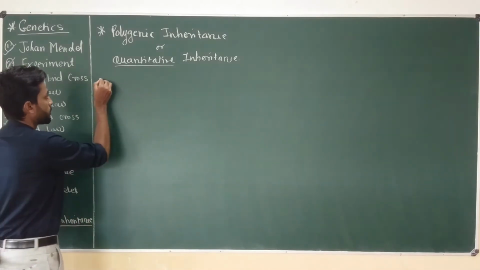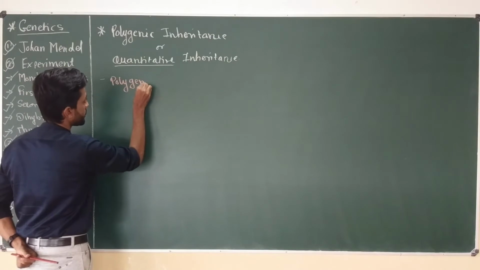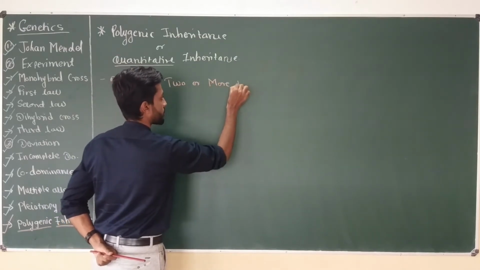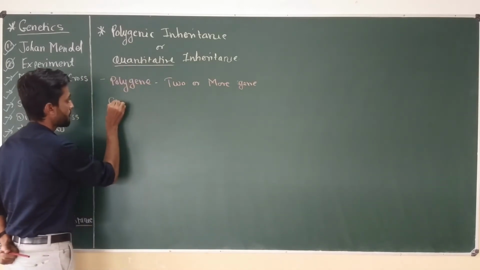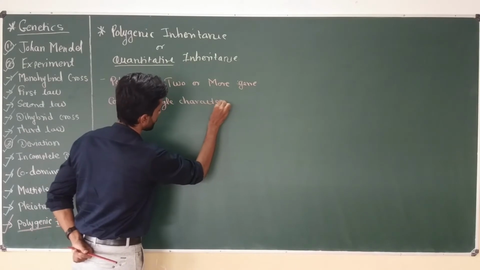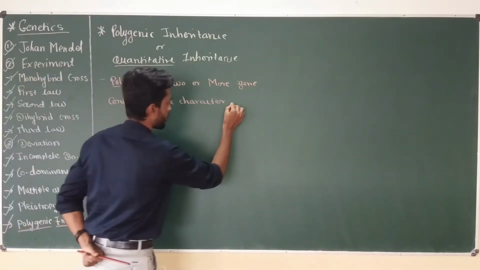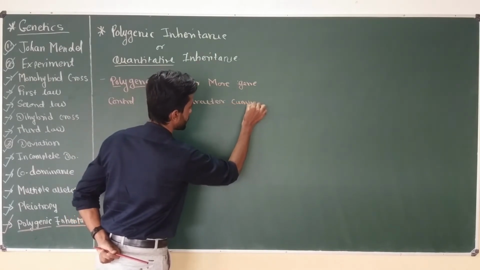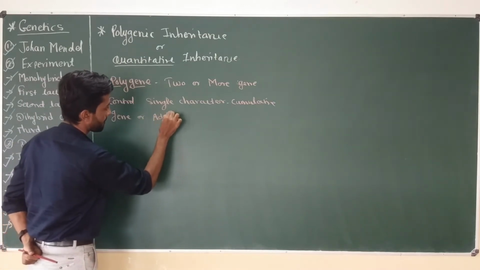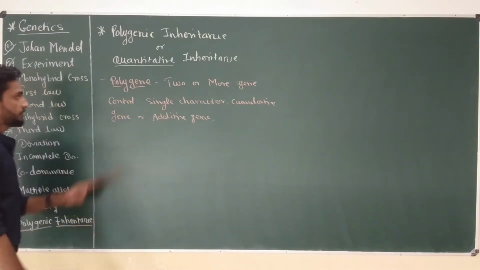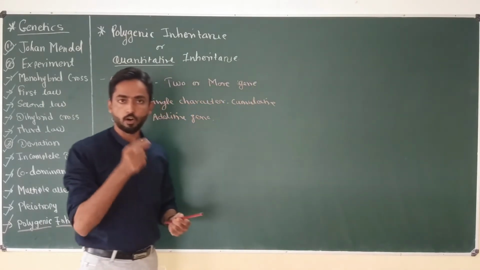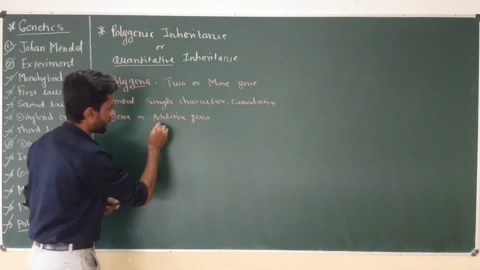We can define polygenes as: when two or more genes control a single character, it is called polygenes, or cumulative genes, or additive genes, because there is addition of their effect.